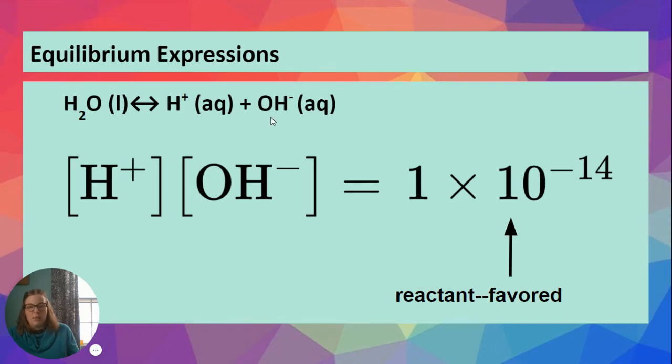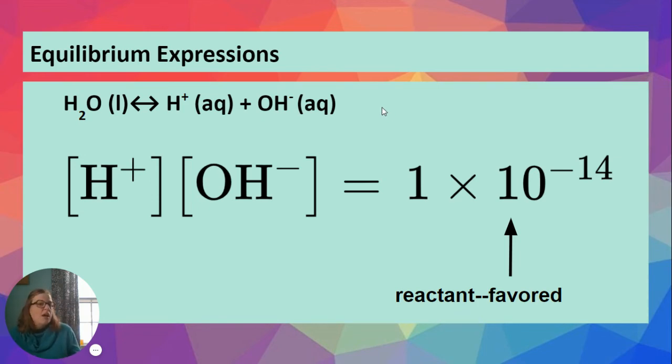It's because these numbers are very tiny and this amount is very, very large. The bigger your negative exponent gets, the more reactant you have. Since it's to the negative 14th, I have very little to none of my ions present at equilibrium.